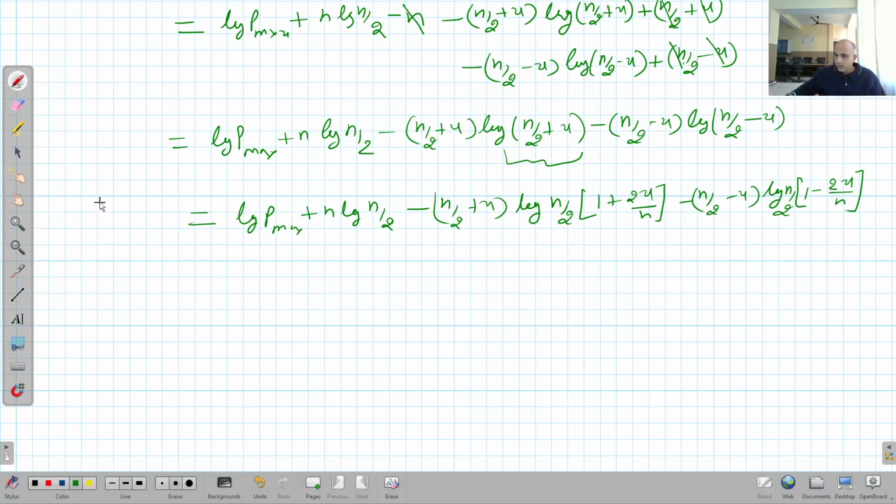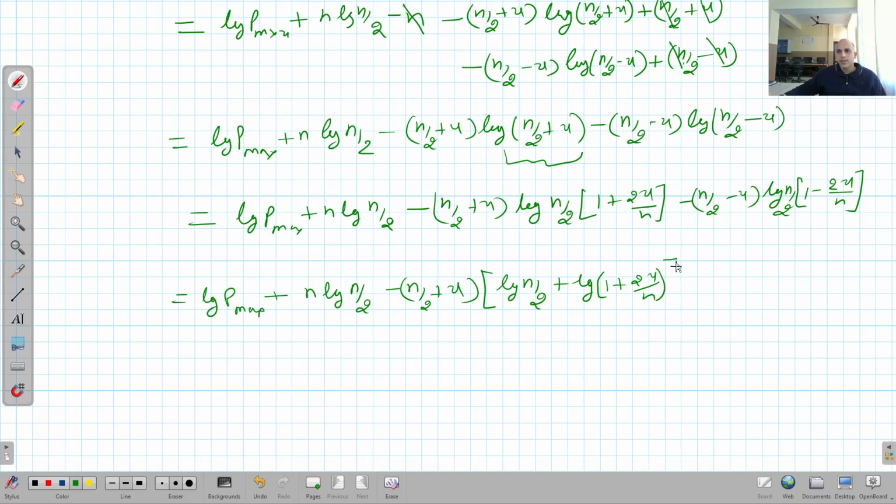So in the next step, it will become log of p maximum plus n log of n/2 minus (n/2 plus x) bracket log of n/2 plus log of (1 plus 2x upon n), right.